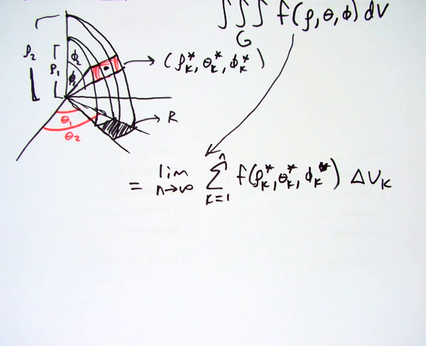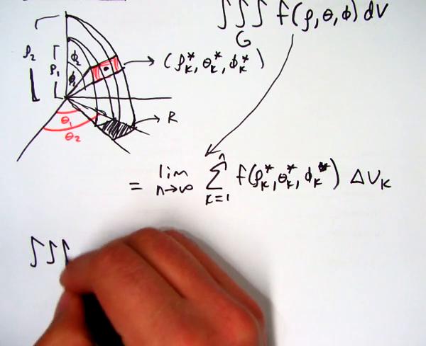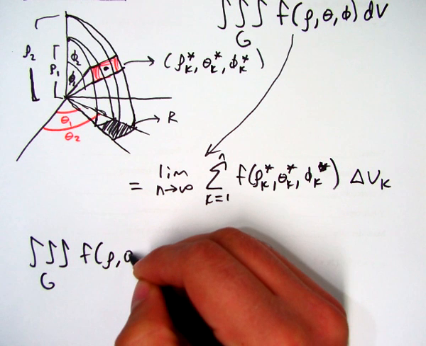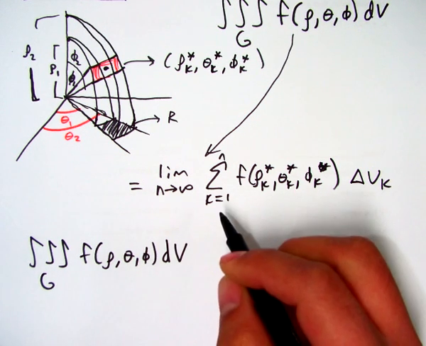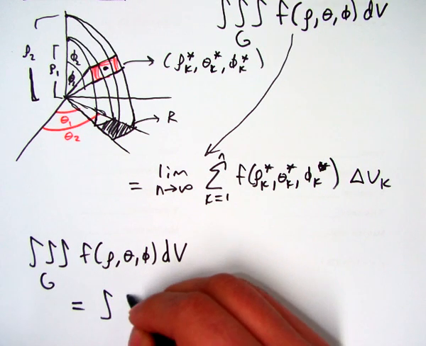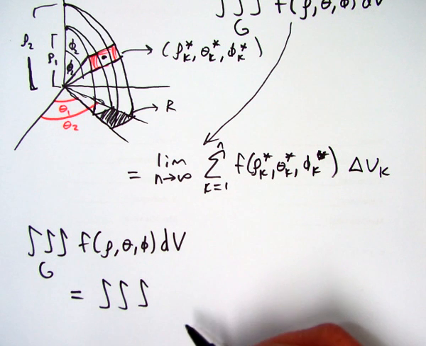So here's what you need to take from this. The triple integral in spherical coordinates rho, theta, phi, dv is going to be equal to the triple integral, and we'll use the same bounds that I set up in there.